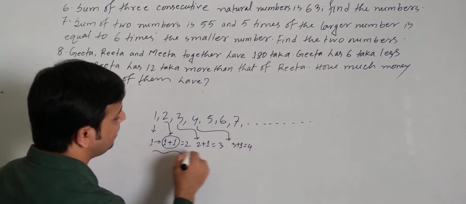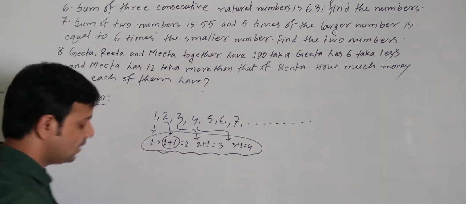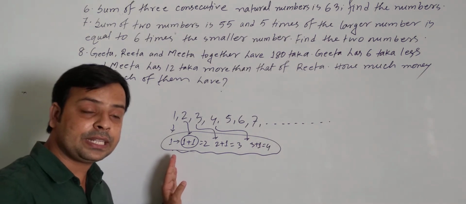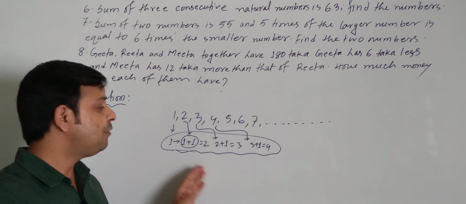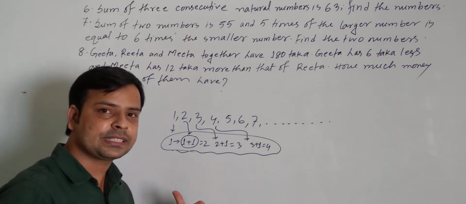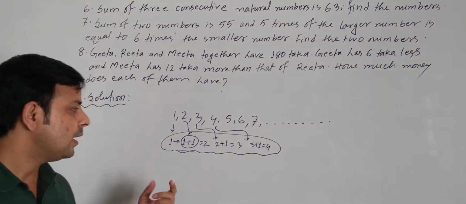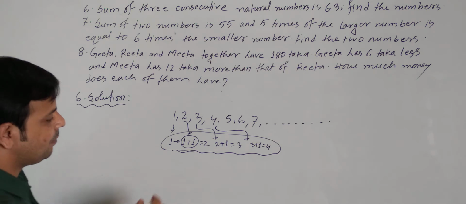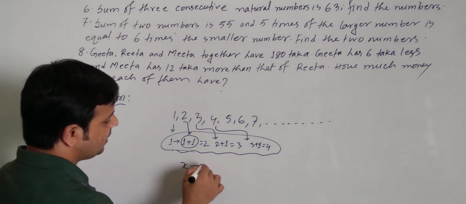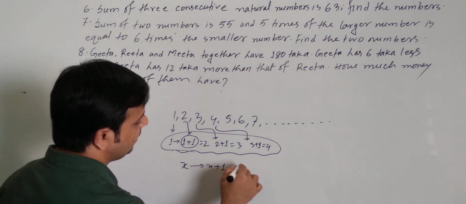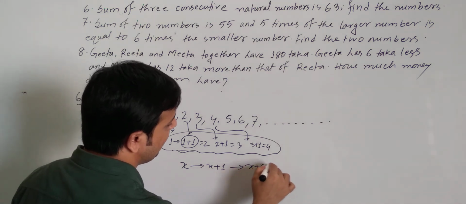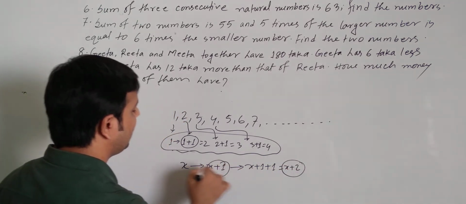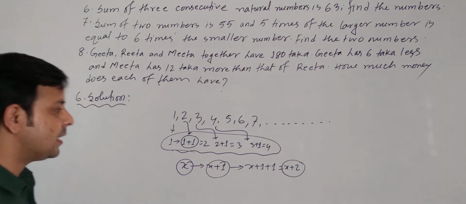Dear students, observe the characteristic here: if you consider a number, you will get the next number if you add only 1 to the previous number. So we can say if a number is x, then the next number will be x plus 1. Then the next number will be x plus 1 and plus 1, it means x plus 2. In this way we will get consecutive natural numbers.